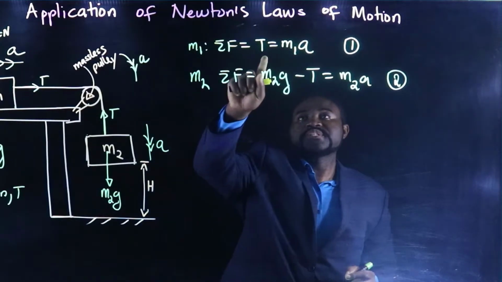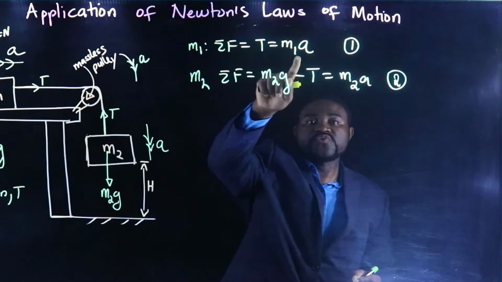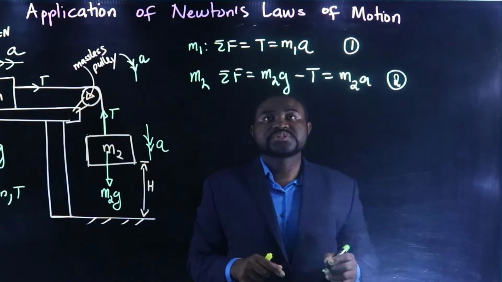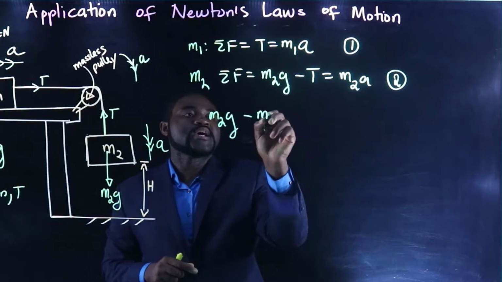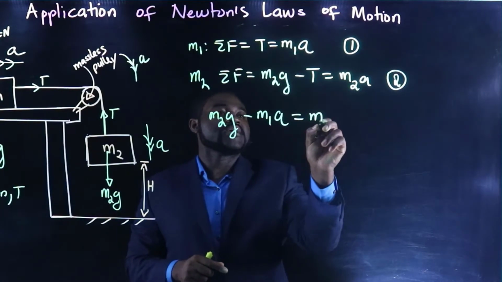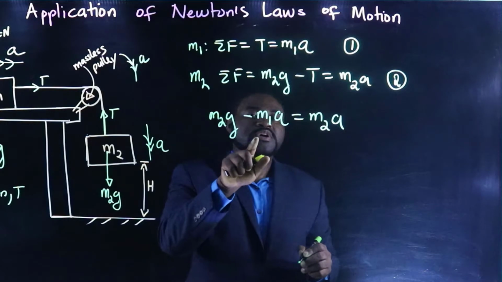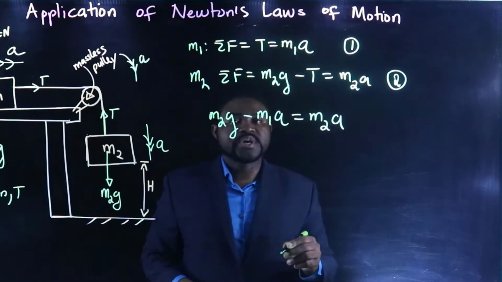From equation 1, T is equal to M1A. So if we substitute that in equation 2, we will have M2G minus M1A equal to M2A. We're going to take this to the other side of the equation.